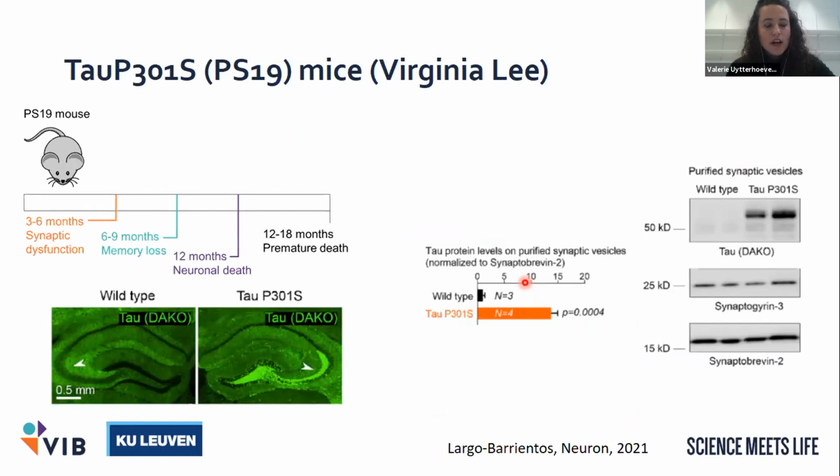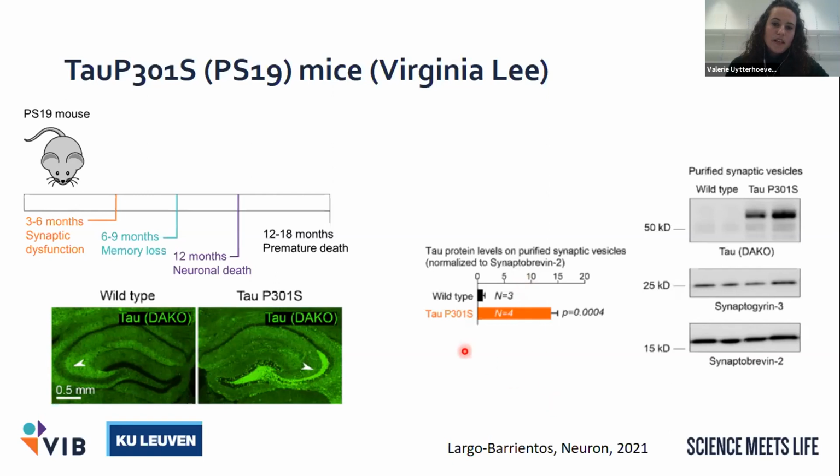These tau mutant mice show synaptic dysfunction between 3 and 6 months, memory loss between 6 and 9 months, at 12 months we see neuronal death, and they die prematurely between 12 and 18 months.